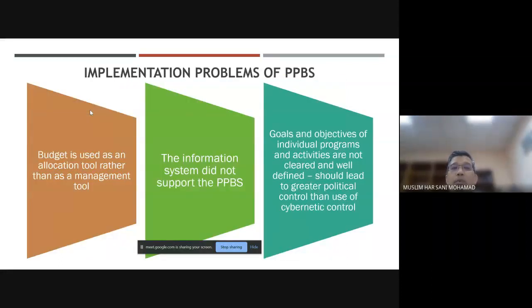Right, of course, implementation problems. Budget is used as an allocation tool rather than a management tool. Programming was very successful, but the performance measure, and making sure of the better use of public funds, there was a problem. The information system did not support program-based budgeting.